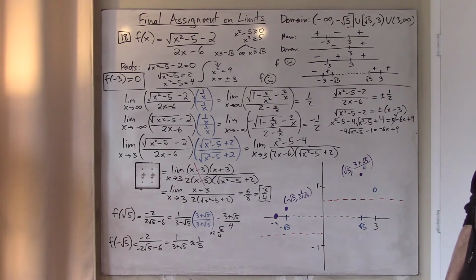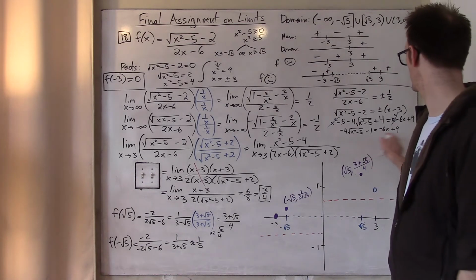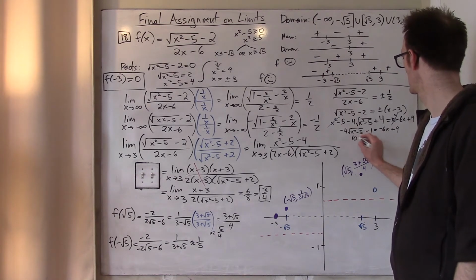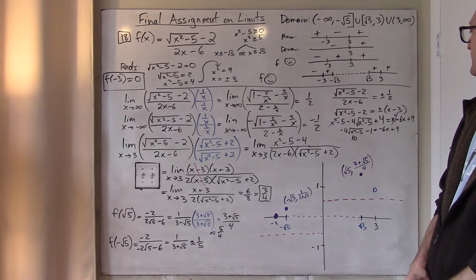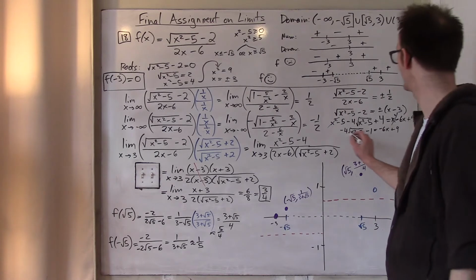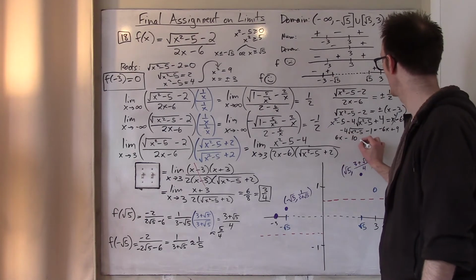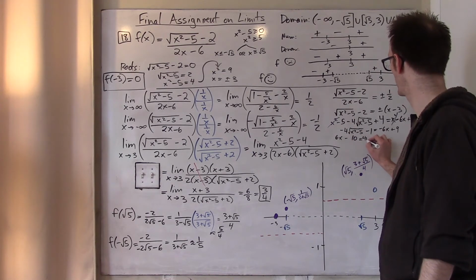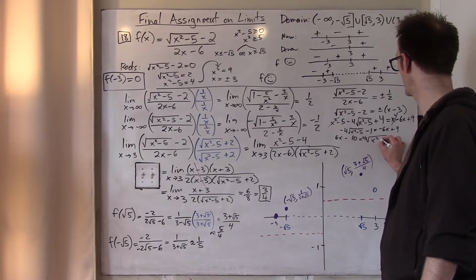Okay, so now that becomes 10, but then I'm going to swing it over to the other side anyway. So 6x minus 10 equals 4 root x squared minus 5.